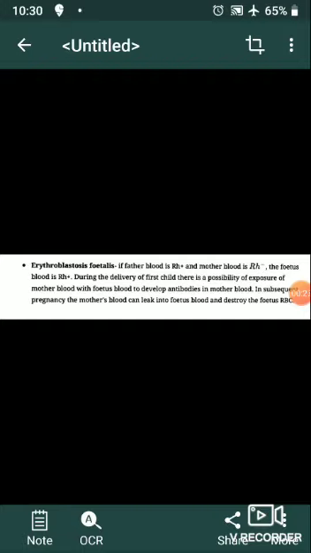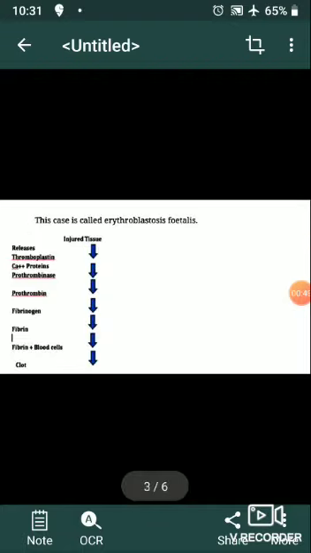During delivery of the first child, there is a possibility of exposure of the mother's blood to the fetus's blood, leading to development of antibodies in the mother's blood. In a subsequent pregnancy, the mother's antibodies can leak into the fetus's blood and destroy the fetus's RBCs. This is called erythroblastosis fetalis.